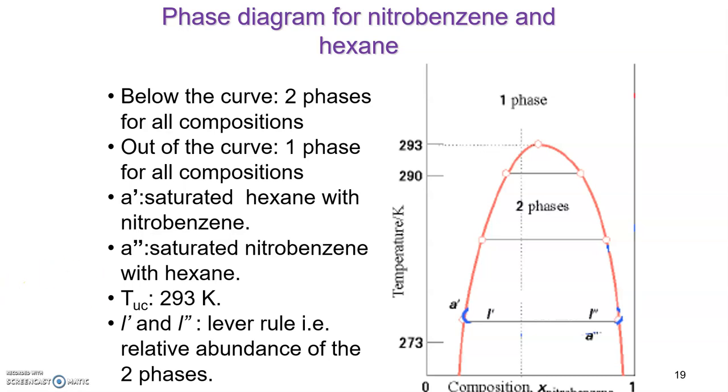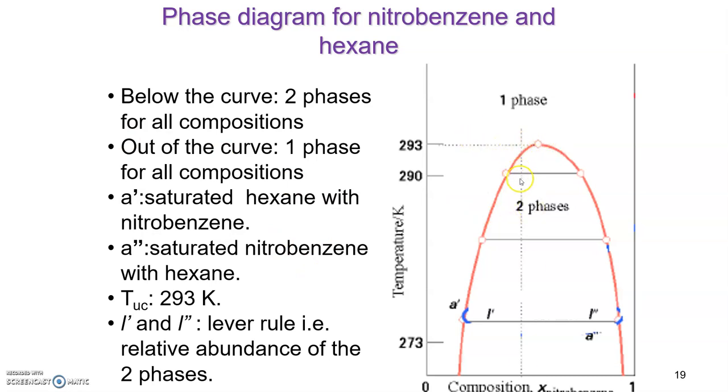Here is the temperature composition diagram for hexane and nitrobenzene at 180 m. The upper critical solution temperature, you see here, is the temperature above which no phase separation occurs.